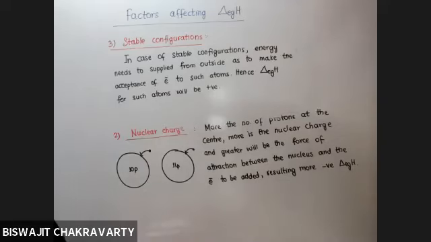And in that case, the system will gain energy. Now, gaining energy leads to stability or instability? Sir, stability. No. Instability. If a system has higher amount of energy, it is less stable. Energy and stability are inversely proportional to each other, remember. Okay?